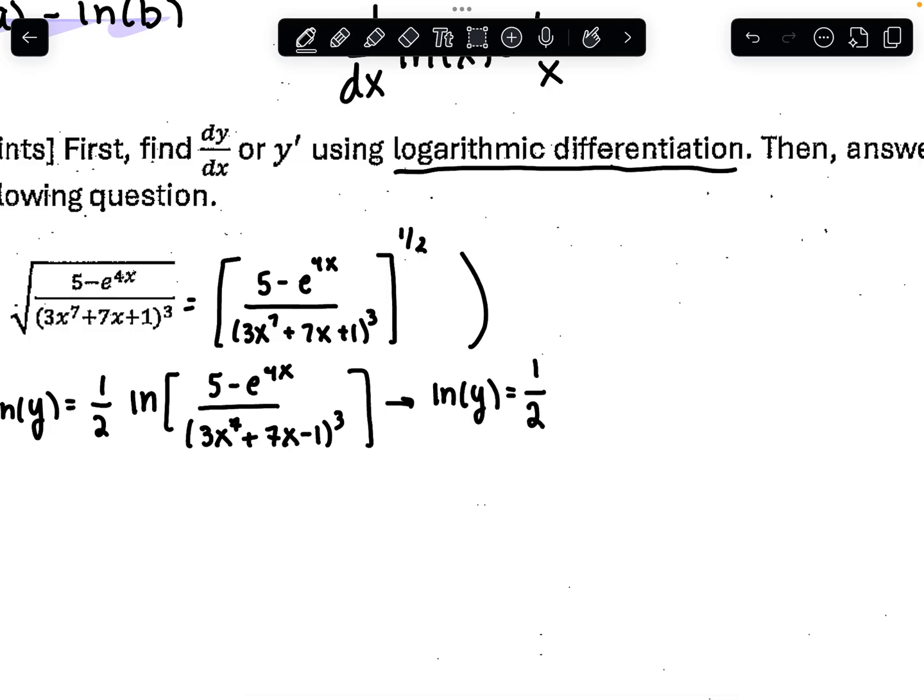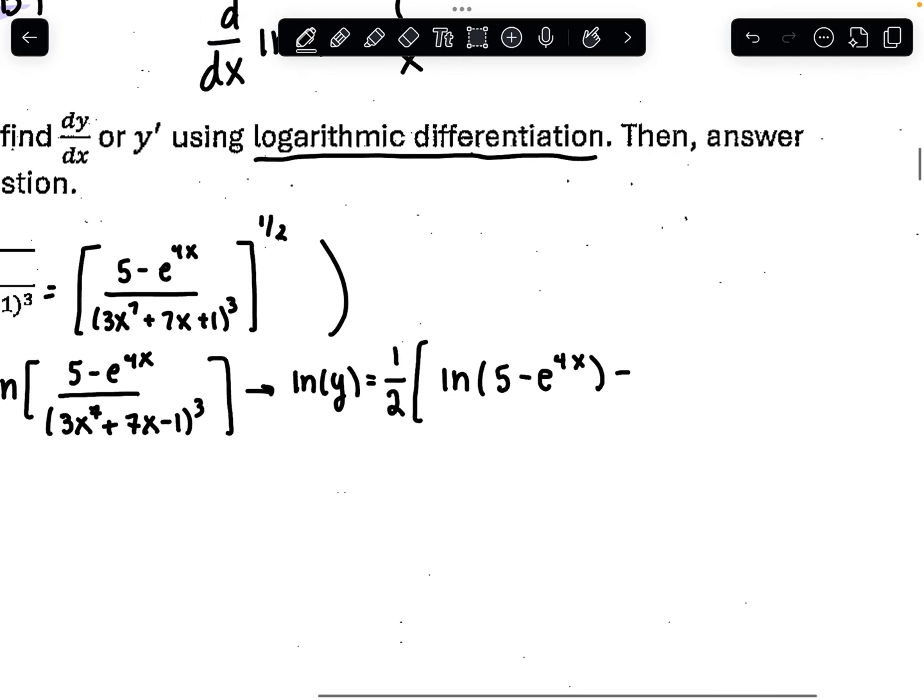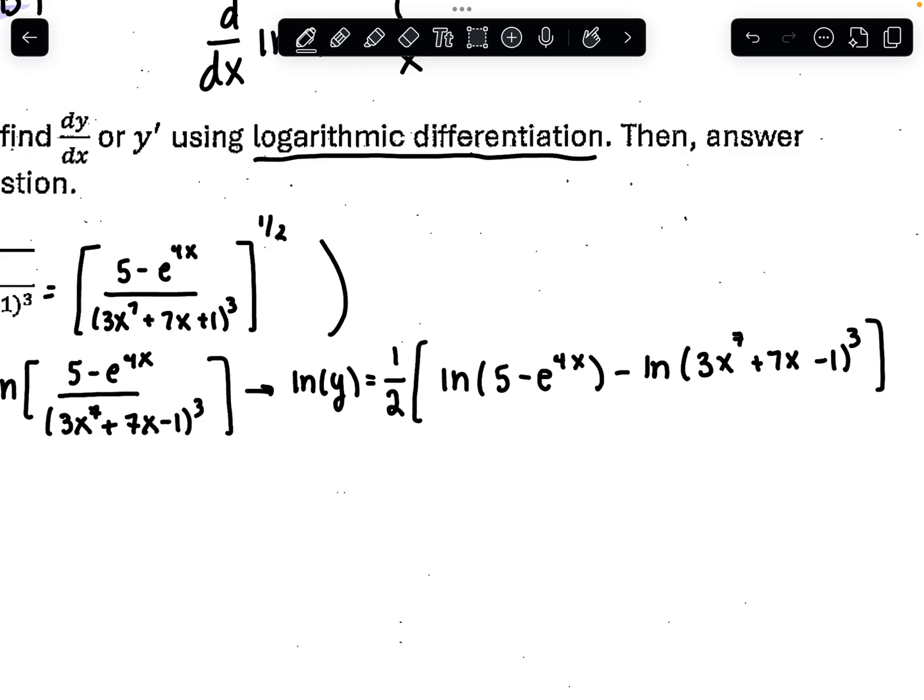So we're going to have ln of the numerator minus ln of the denominator.